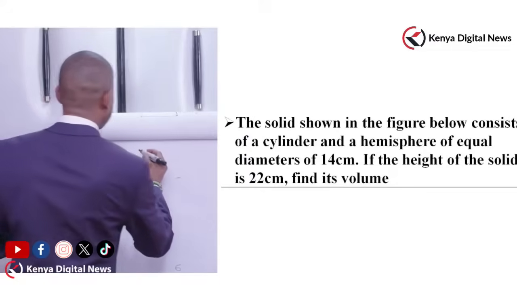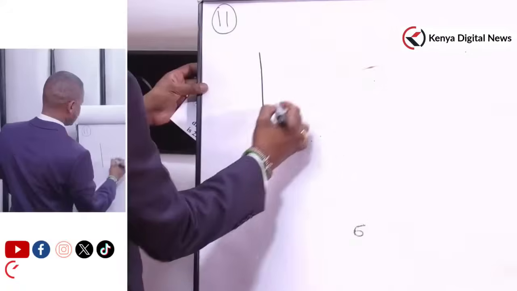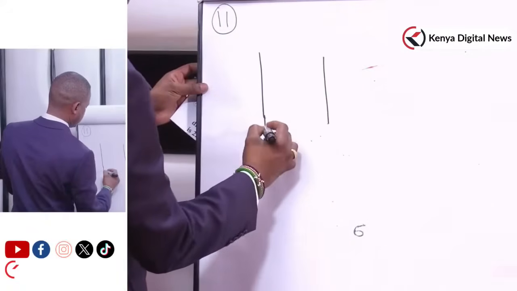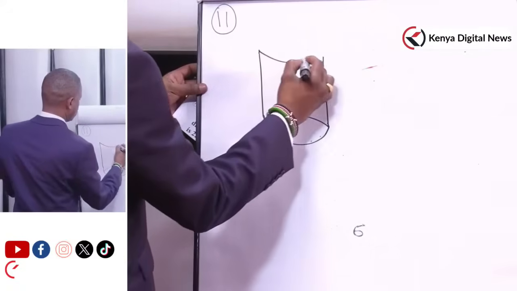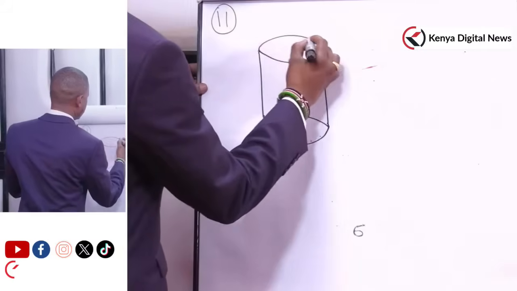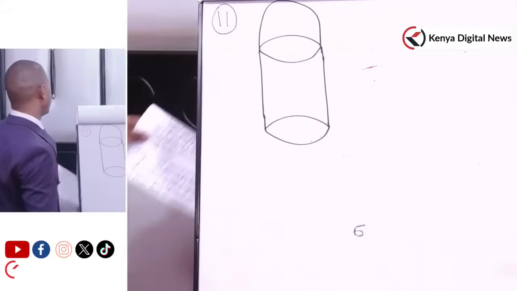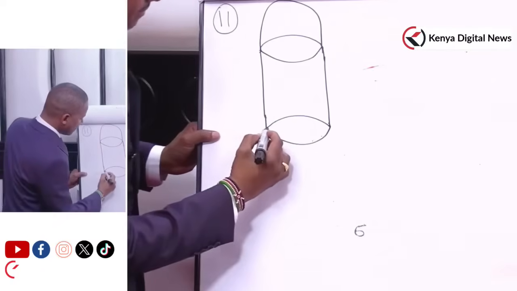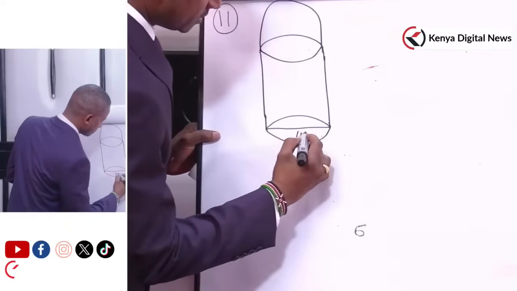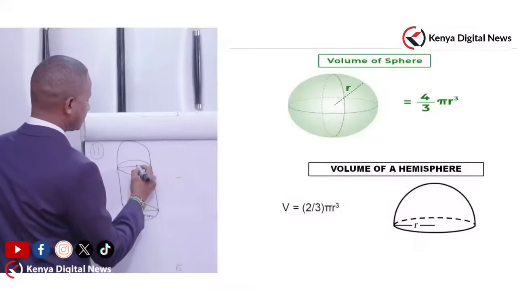So what is the solid that we have? We have a cylinder, and this cylinder has a hemisphere. My drawing is not very nice, but it's okay. So you are told that the diameter here is 14 centimeters, which means that the radius is 7.